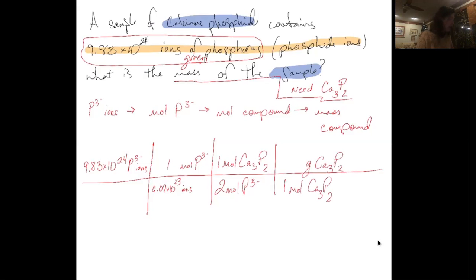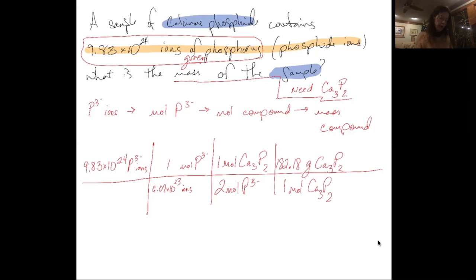So I'm going to get my 3 calciums. That's 40.08 times 3, plus parentheses 2 times 30.97, close parentheses, equals. And the molar mass of calcium phosphide is 182.18.